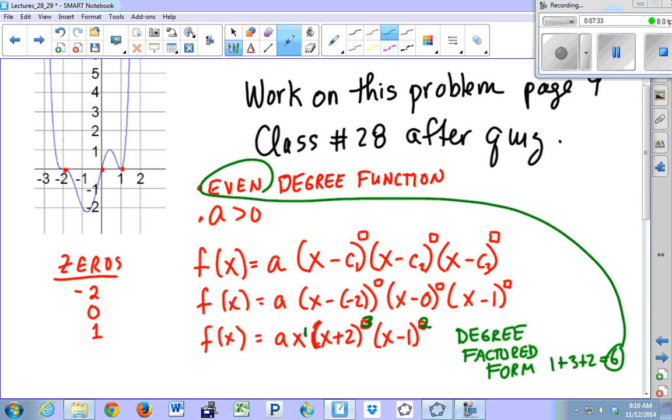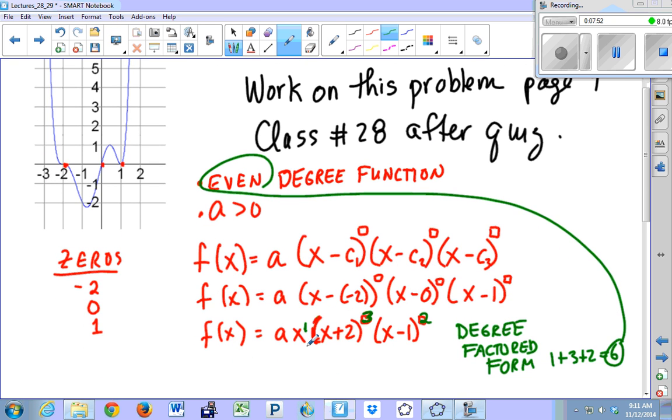Now, if I knew one other point on here and I knew the values of the coordinates exactly, then I could come up with the exact equation by putting the value of x in and the value for y and then solving for a. But I don't know any other point on here. So one possible equation would be to say a is 1, because I know my arms are going in the same direction. But you could just leave it like this with this condition. If you leave it like this, you have to state that a is greater than 0. And then that's perfectly acceptable as a possible equation.